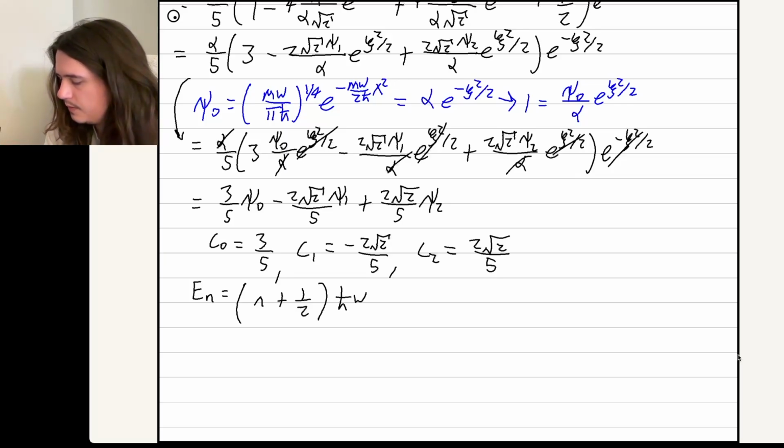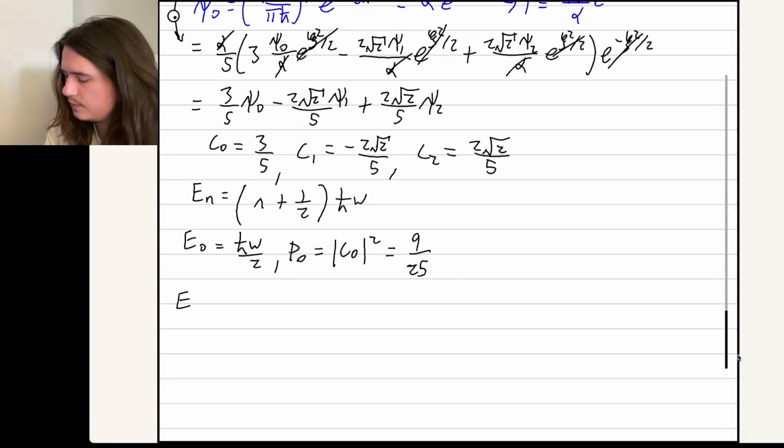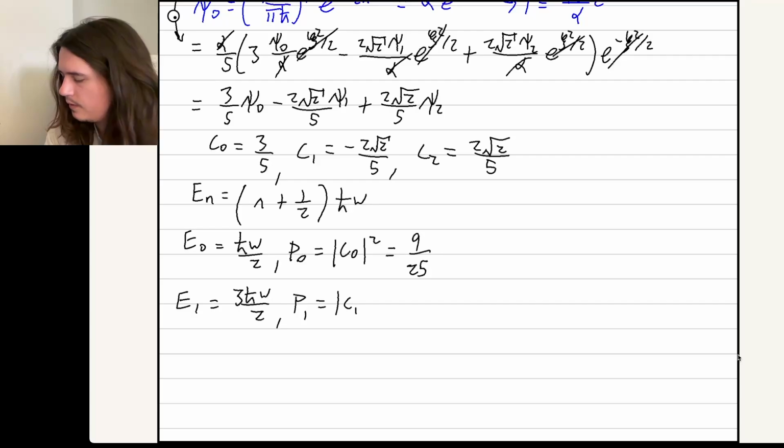So we can observe E0, which is h bar omega over 2, with a probability of the square of C0, so it's 9/25. We could observe E1, which is 3 h bar omega over 2, with a probability of the square of C1, which is 8/25.